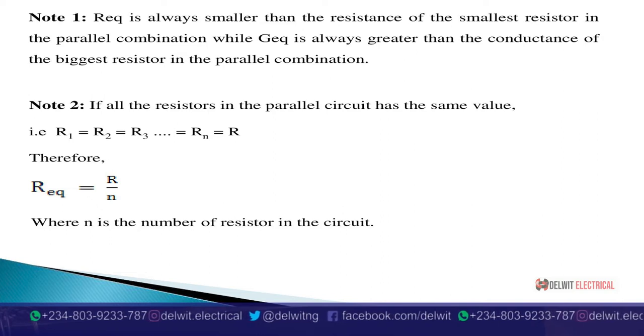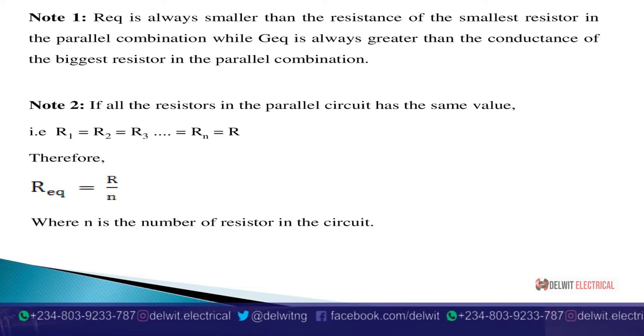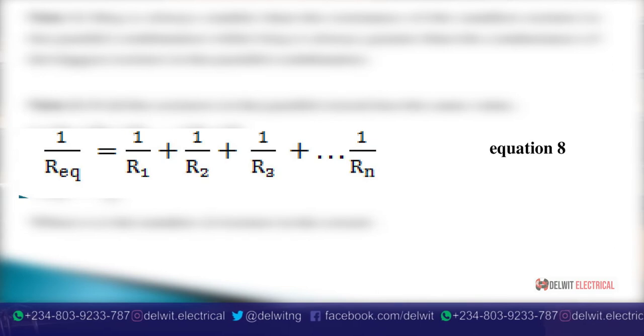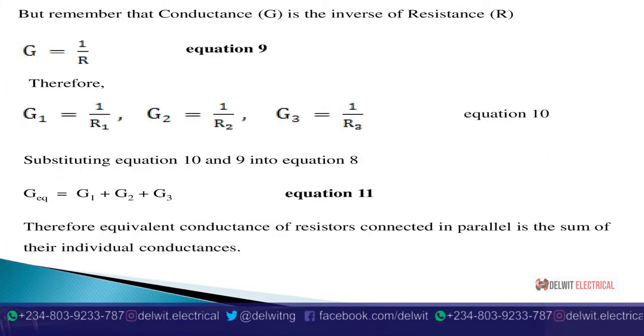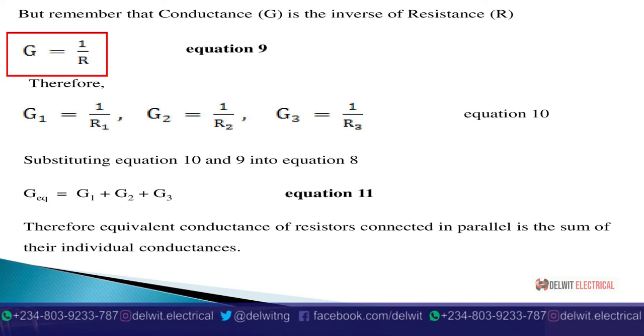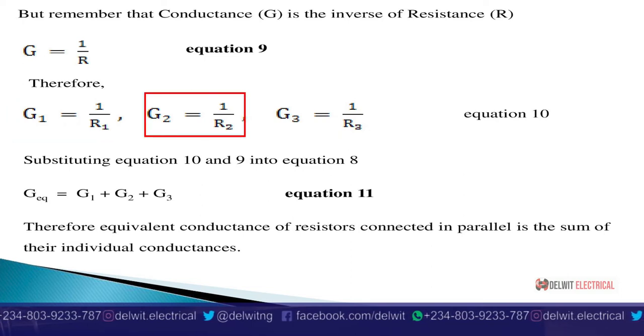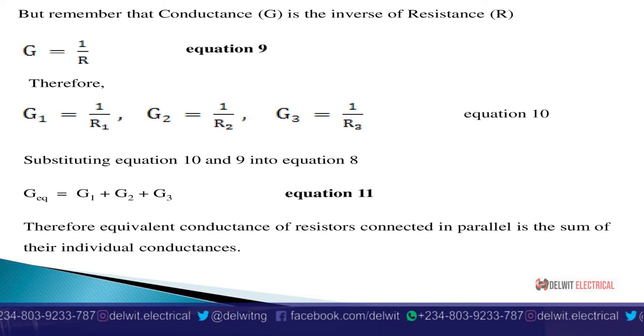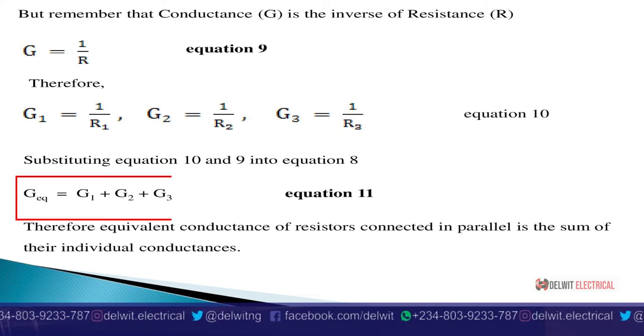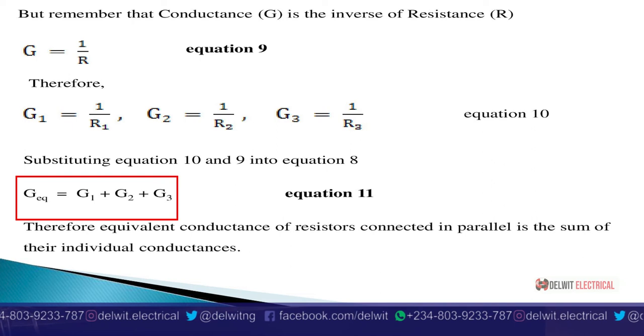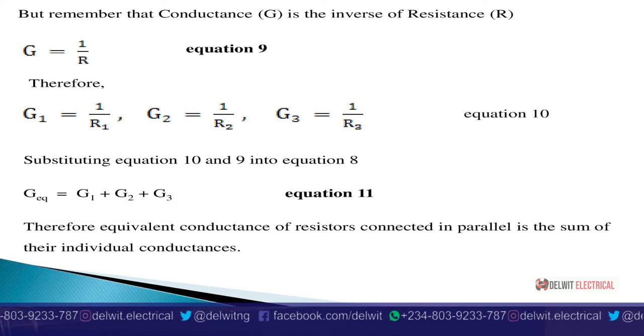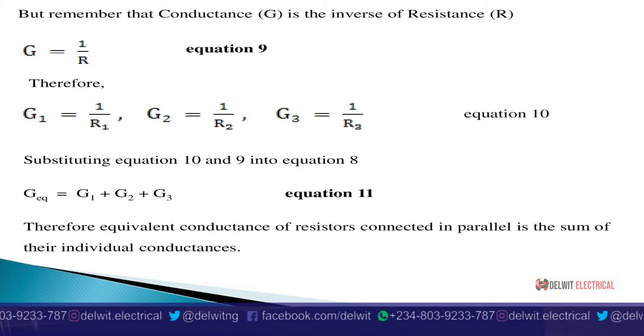So in equation 8, since 1 over R is conductance G, 1 over R1 is G1, 1 over R2 is G2, 1 over R3 is G3, and 1 over Rn is Gn. So G equivalent is equal to G1 plus G2 plus G3. Most times in a parallel circuit, it's easier to work in conductances than in resistances.